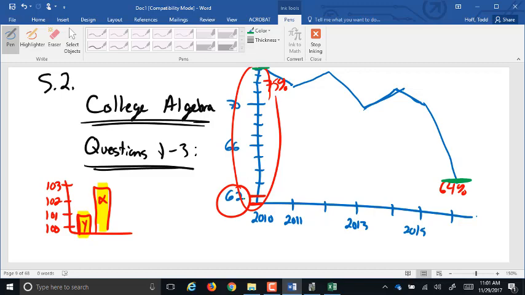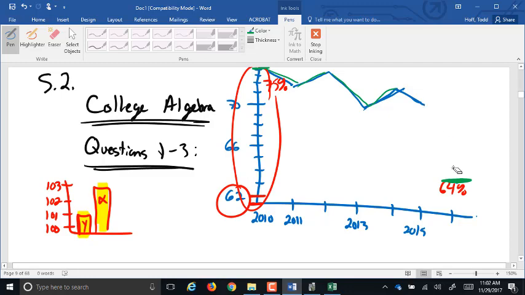Well, it looks like it goes down and then up a little bit, then down and up. However, the drops are a little bit bigger than the rises. But I'm going to challenge you with this.